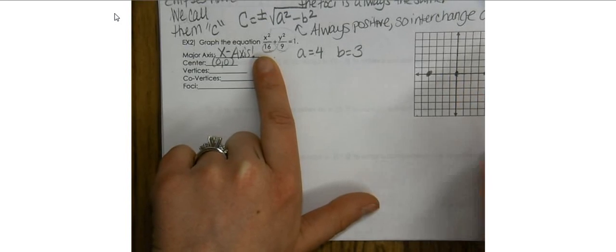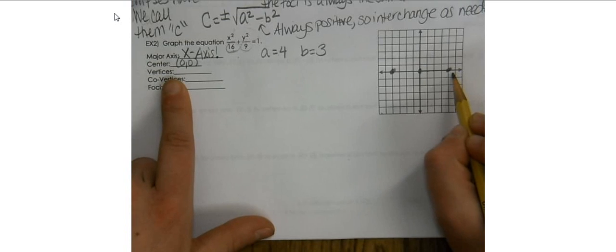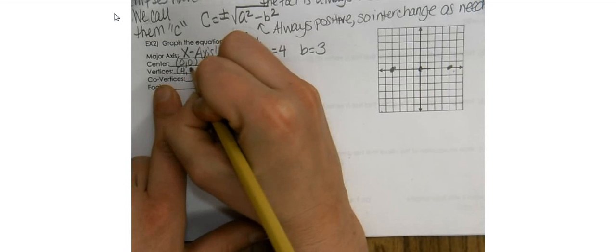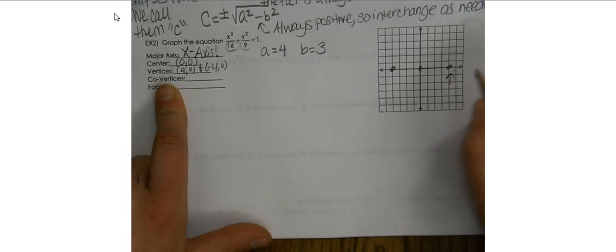And these points represent my vertices. So my vertices this time around are going to be located at 4, 0 and negative 4, 0. So this represents a vertex, and this represents a vertex.